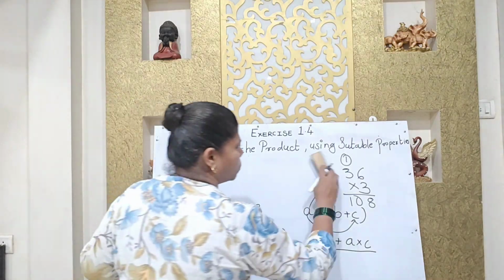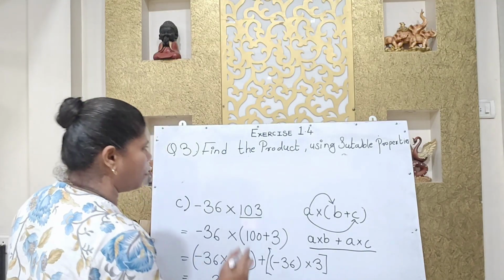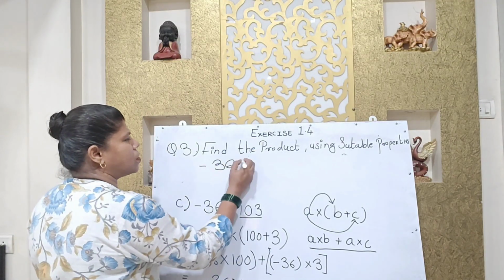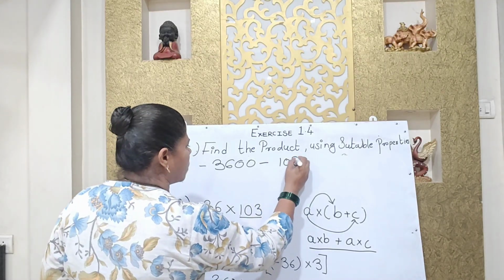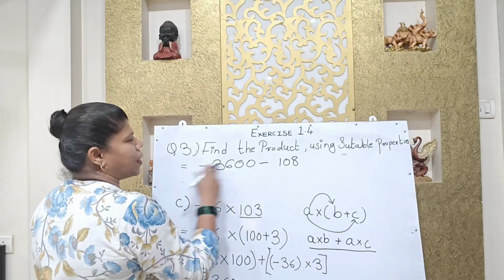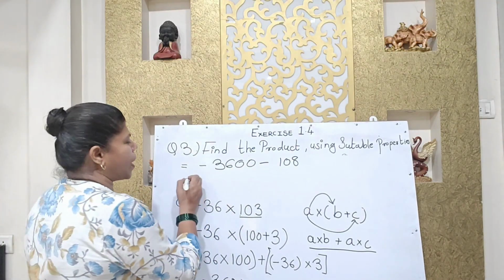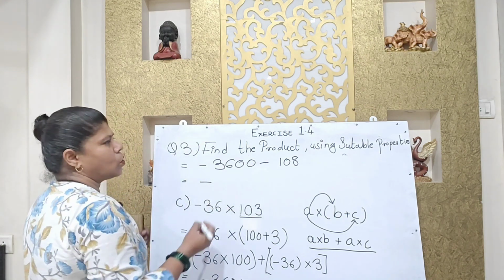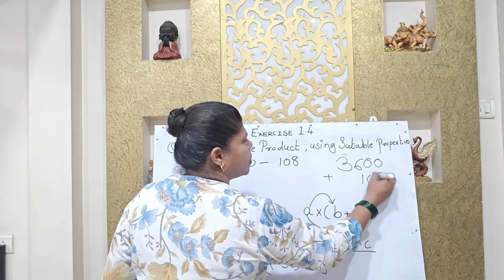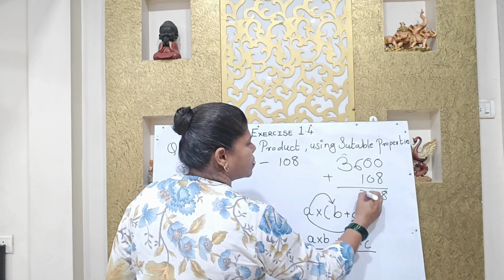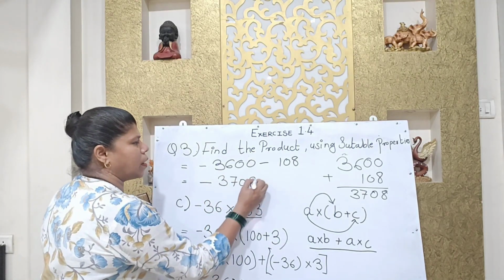Now again, minus 3600 plus minus 108. Now again this minus, same sign, positive, but here we have to give the sign of the bigger one. So the answer will be 3600 plus 108, which is 3708.